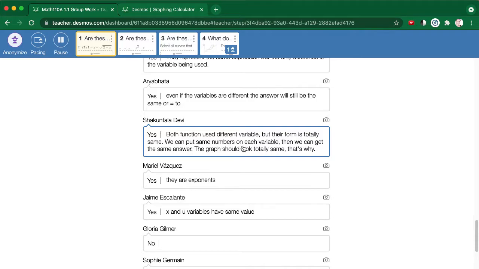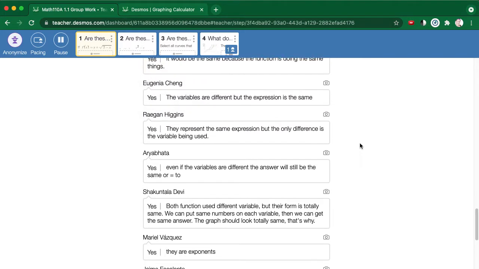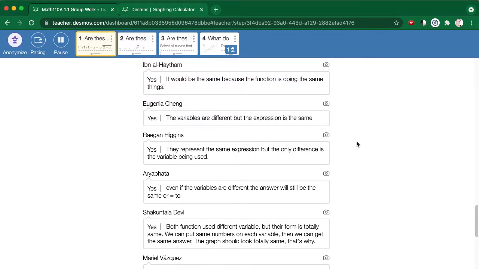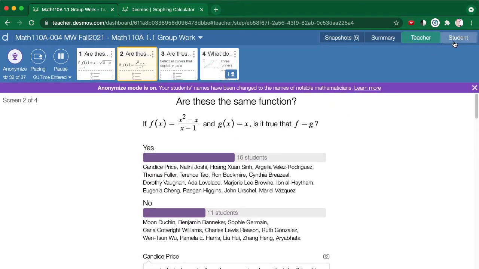We can put the same numbers in each variable and we would get the same answer. So this is really getting at the heart of how that formula is describing a process, and there's a reference to the graph here too. It doesn't matter what the name of the variable is as long as the function is doing the same things. Okay, let's look at the next one.